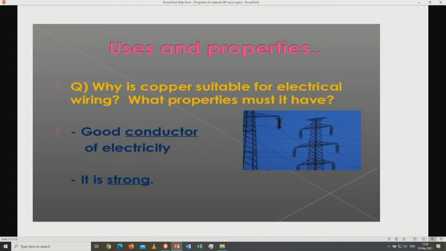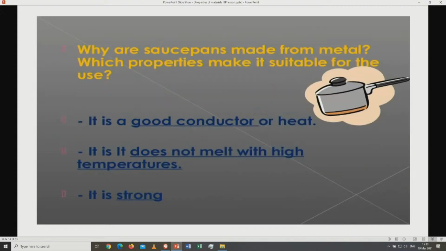They can conduct electricity, which means electrons can pass through them. Why are saucepans made of metals? Let us look. The first thing, they are good conductors of heat. They do not melt at high temperatures, and they are strong.